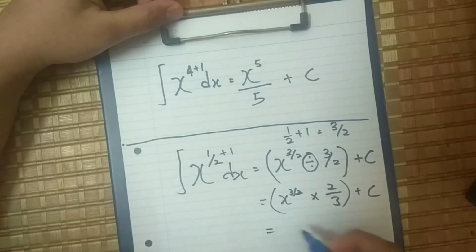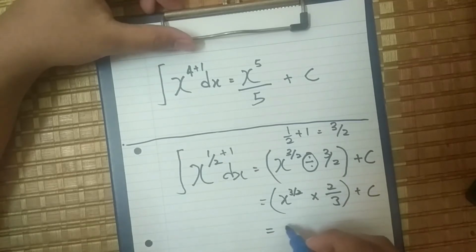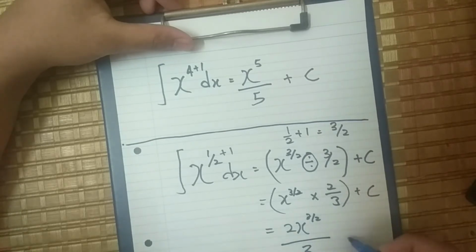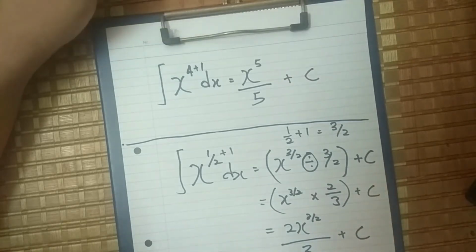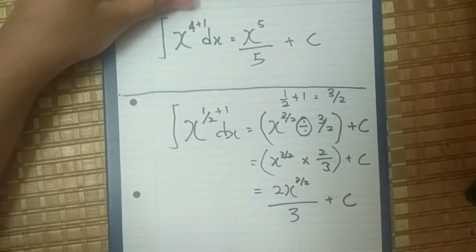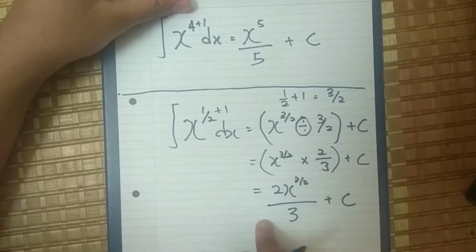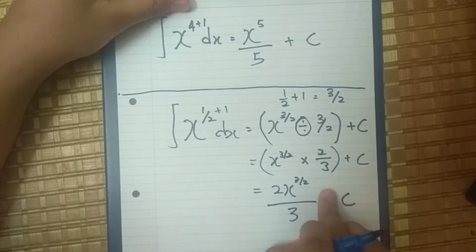And we can also write it as 2x to the power of 3 over 2 divided by 3 plus c constant.